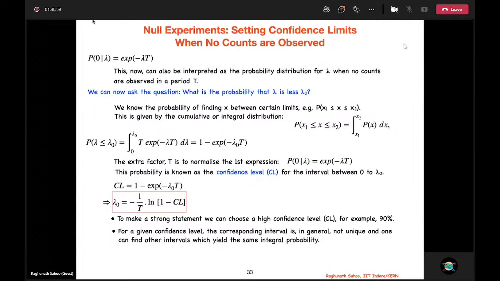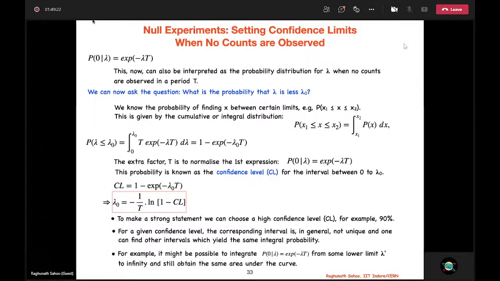So x1 to x2 can be anything. Somebody may look for a bigger interval, for example 0 to infinity, and get the same integral value. Because of this, the optimum solution is to take the smaller interval for which the number is high. The smaller interval is always better; that is the rule of thumb.